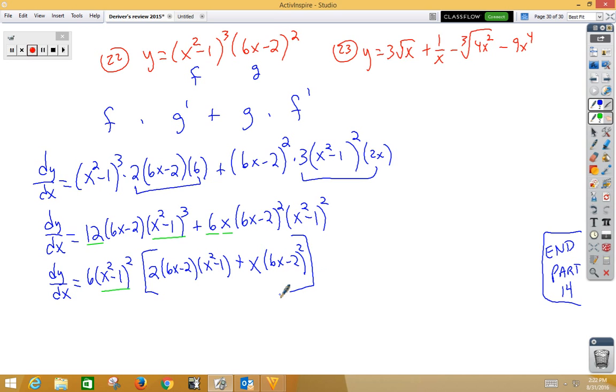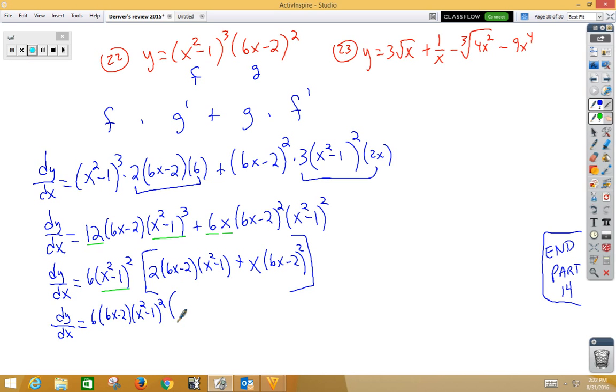I suppose we could have pulled out a 6x minus 2 also. So let's go ahead and do that. dy dx is equal to, so we've got a 6, a 6x minus 2, and x squared minus 1 squared.